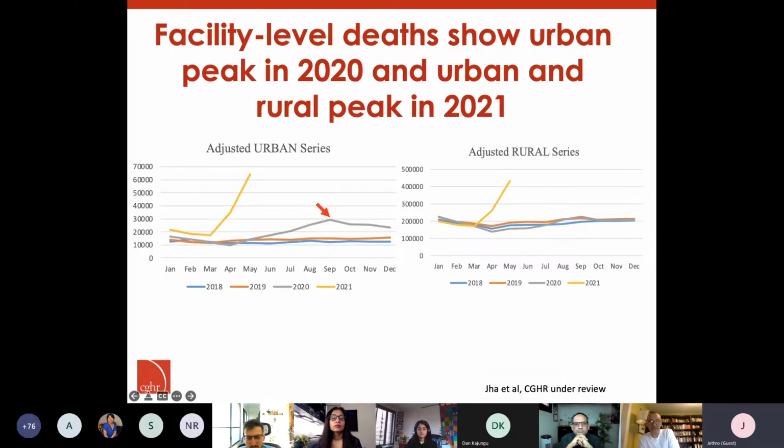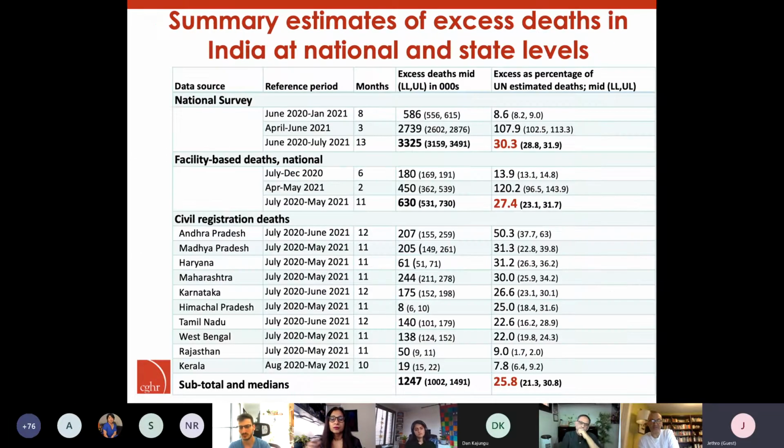And when we look at this by urban and rural, in 2020 the excess was seen just in urban areas, not so much in rural areas. But by 2021, you see the excess both in rural areas and also in urban areas. So the pandemic very much moved from urban to rural in that time frame.